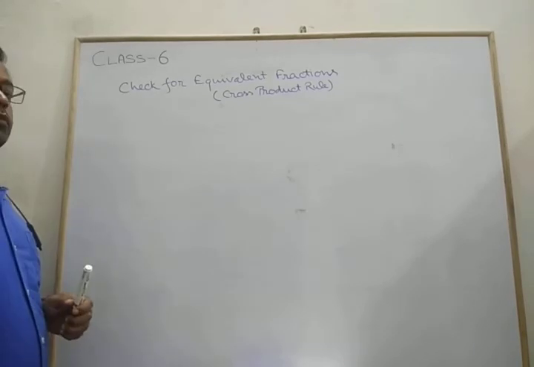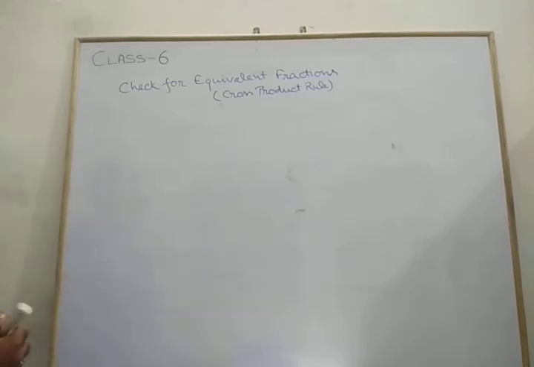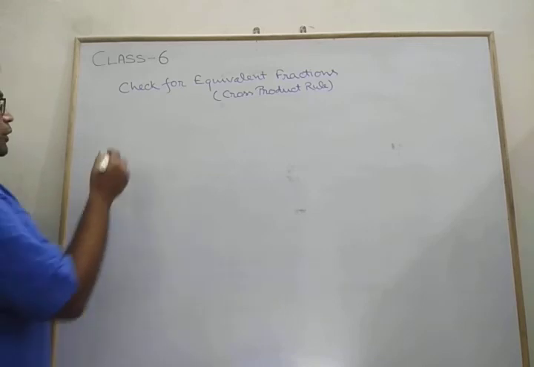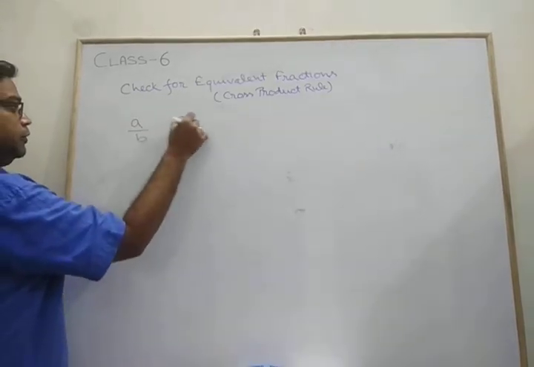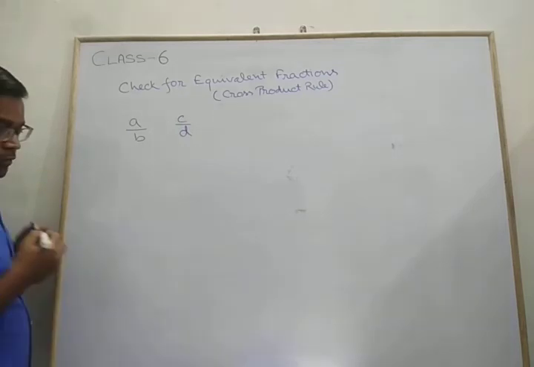Suppose you are given two fractions. I am choosing the general terms: a upon b and c upon d. There are two fractions.